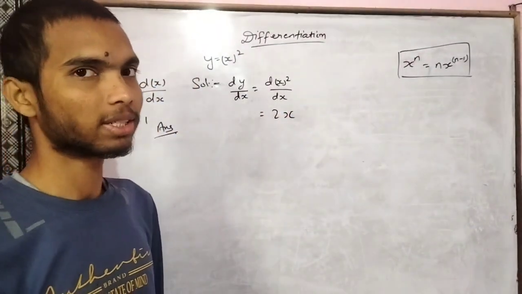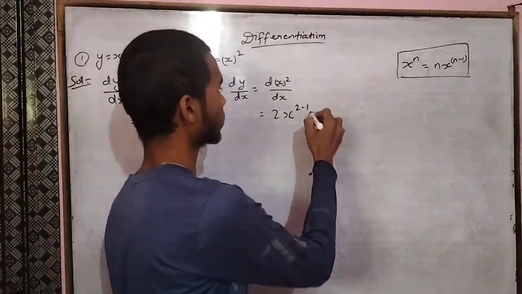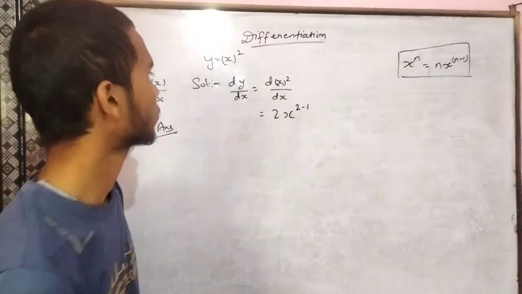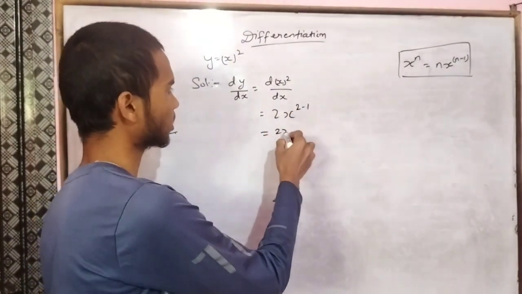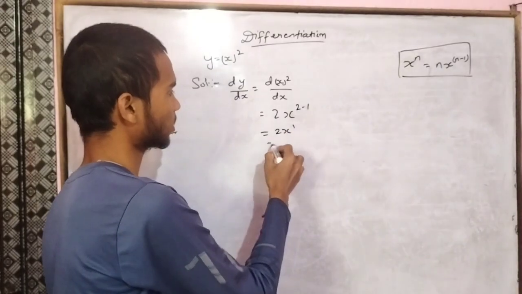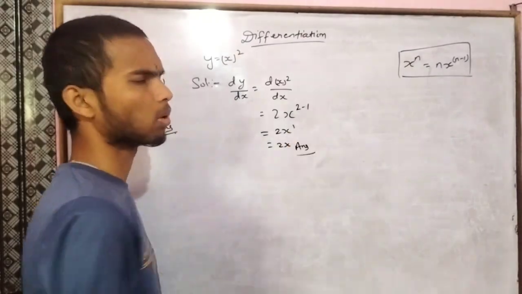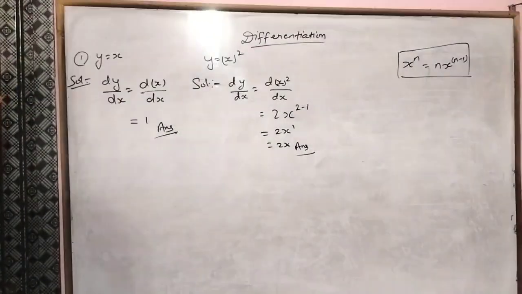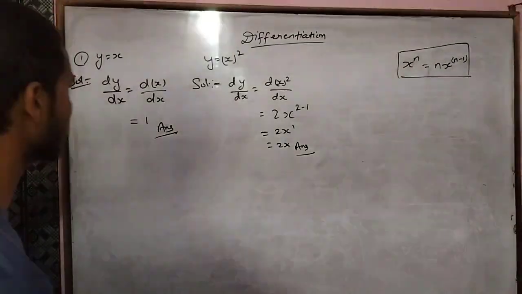Now it's time to subtract. We will subtract 1 from 2. We applied this formula. Now we have to simplify it, which can also be written as 2x because 1 is hidden. I hope you understood it better.